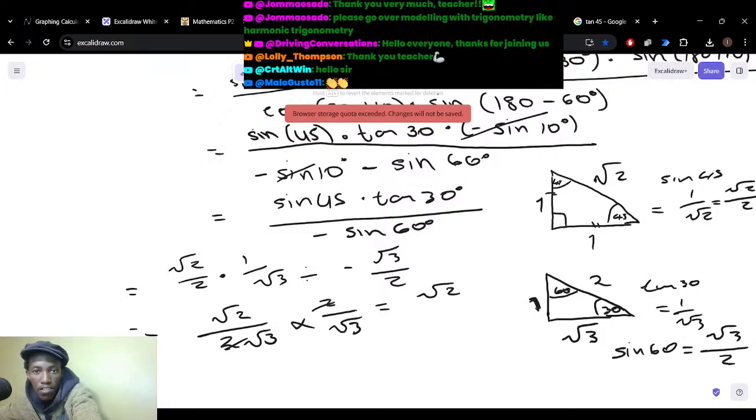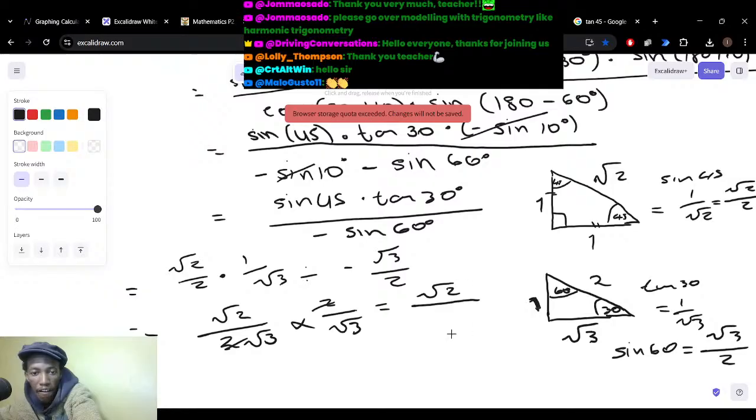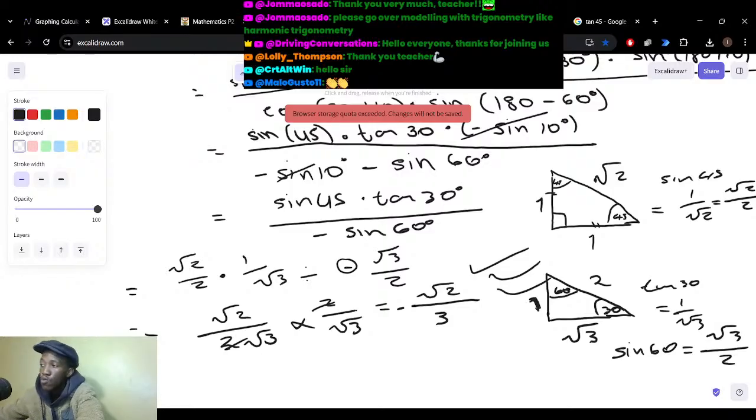Over 3, times square root 3 times square root 3 is what? Positive 3, but then we have this negative sign that we forgot. So yeah, this is our answer, guys. Easy peasy lemon squeezy. Was it hard to solve this? Tell me it was not, guys.